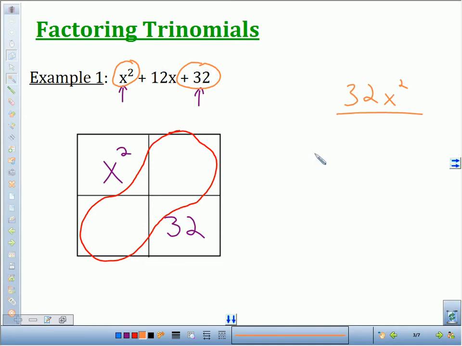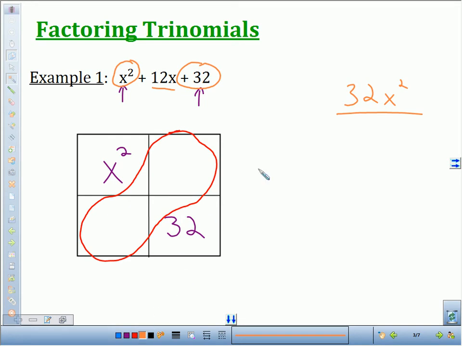Now, what I want are the factors of 32x squared. That is, two things I can multiply together to get 32x squared, that when I add them together, give me 12x. So they multiply to give me 32x squared, but add to give me 12x.